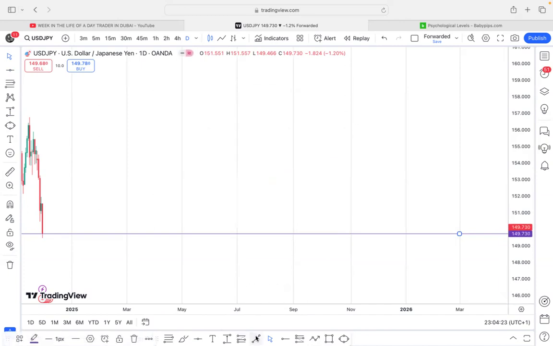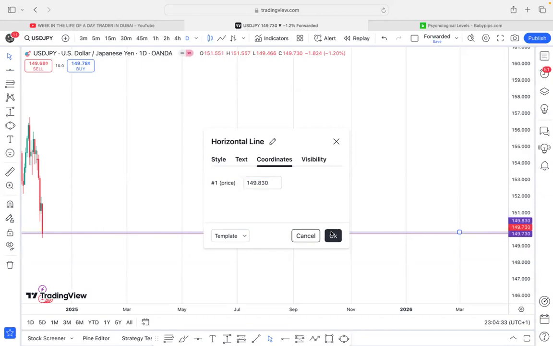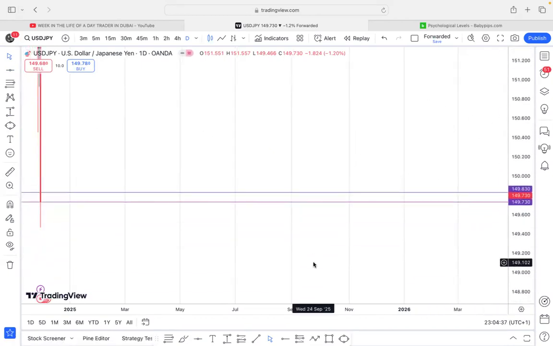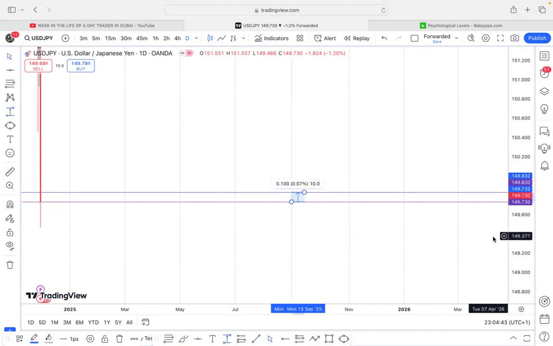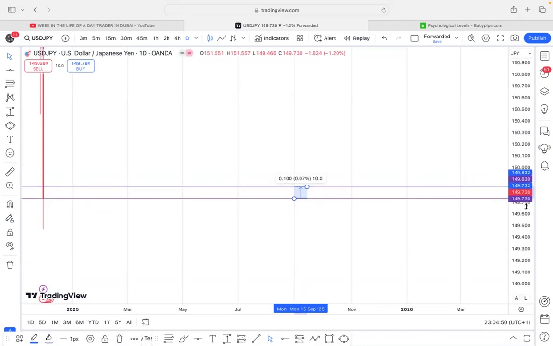If we plot our next line at 149.830, we are going to know that price moved 10 pips. Let me use something to mark it out. Look at this price range to let you know. See what it showed: exactly 10 pips. So price has just moved 10 pips.